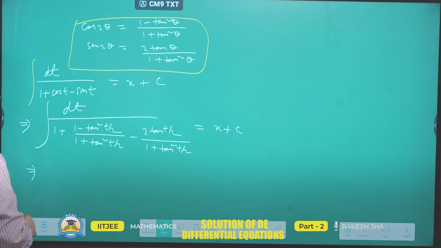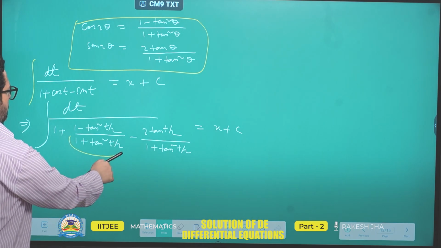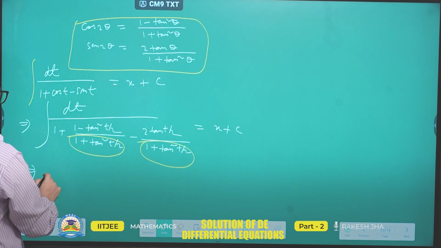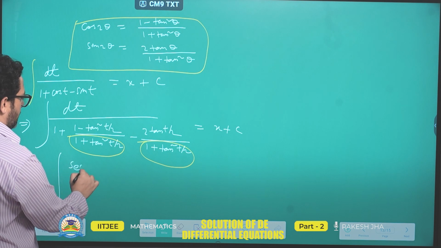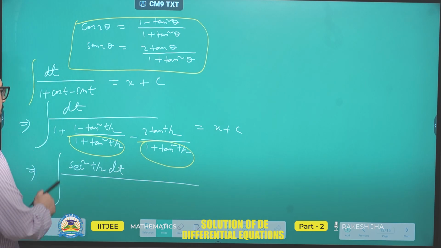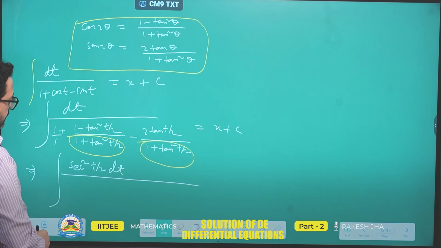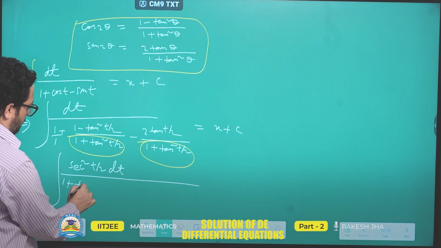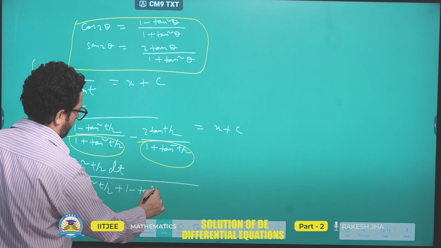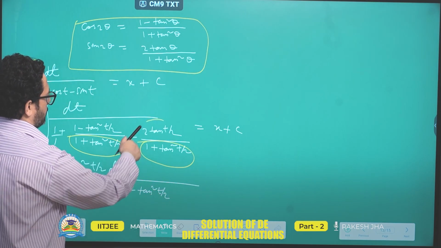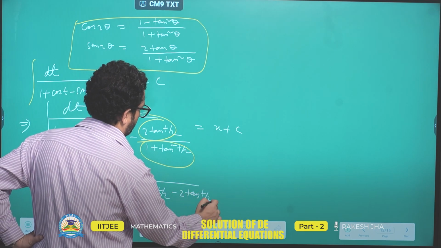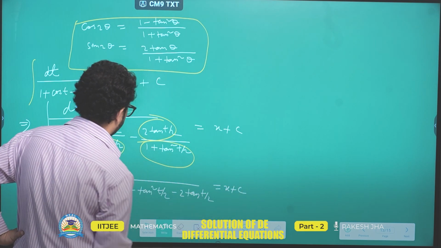Here if you take LCM, we know that 1 plus tan square t by 2 is secant square t by 2. So in the numerator it will be secant square t by 2 dt, and in the denominator, with LCM, 1 plus tan square t by 2 plus 1 minus tan square t by 2, minus 2 tan t by 2, is equal to x plus c.